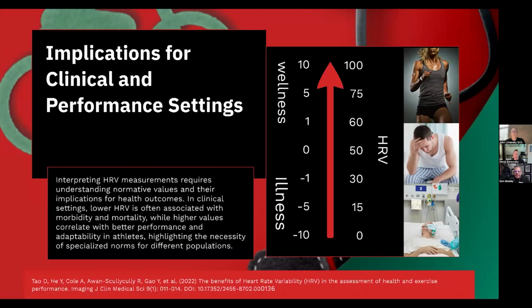But that's not the way HRV works. We'll talk more about that in a little bit. In clinical settings, lower HRV is associated with morbidity and mortality, while higher values correlate with better performance and adaptability in athletes and professionals, highlighting the necessity of specialized norms for different populations. This is not a one-size-fits-all analysis.